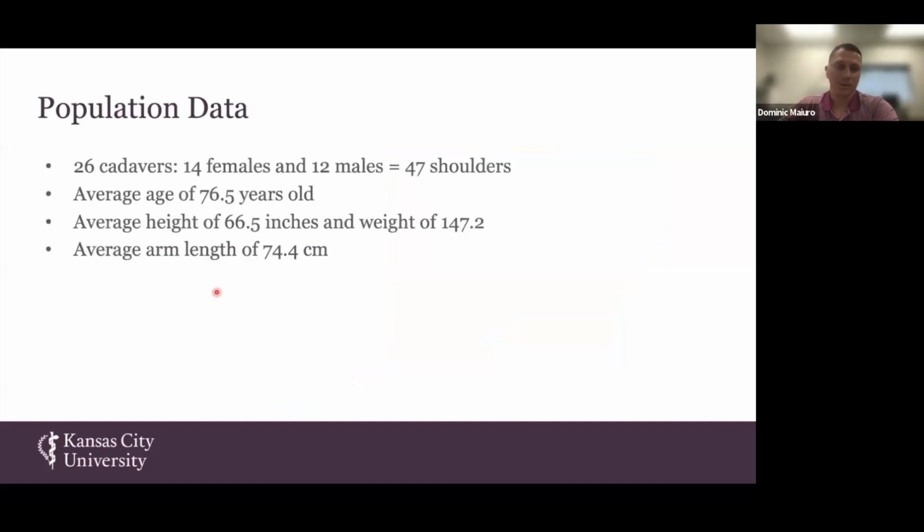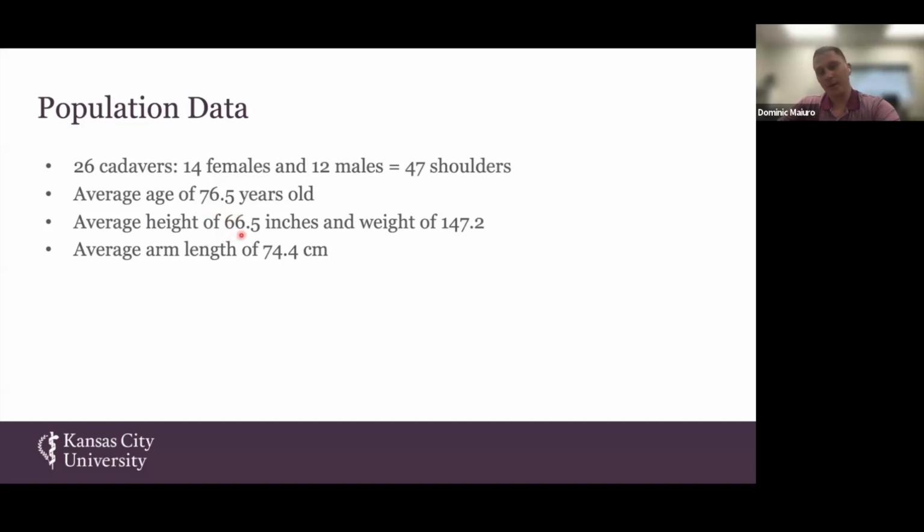And so results and discussion. Our population data: we had 26 cadavers, 14 females, 12 males, 47 shoulders. We lost 5. There were a couple of fractures or inadequate dissection that led to some damage to the nerves, and I think there was some hardware in one of them. The average age was about 76.5.